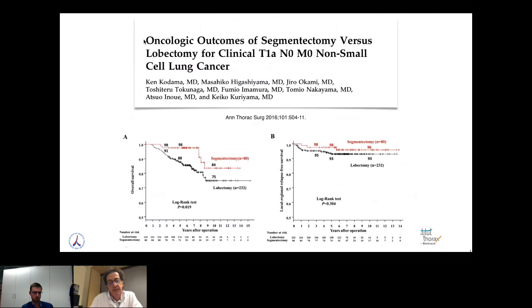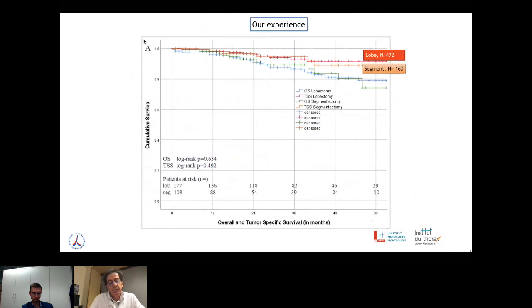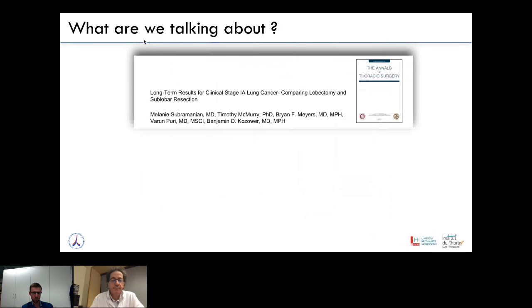For instance, in this publication, in that one, and this was also the case in our series that is just ready to be released in the European Journal, when we compared lobectomy and segmentectomy for T1A tumors, we had no significant difference. So what is wrong?